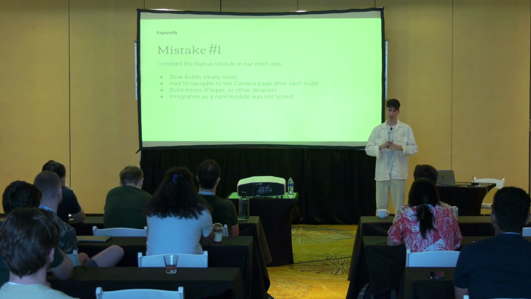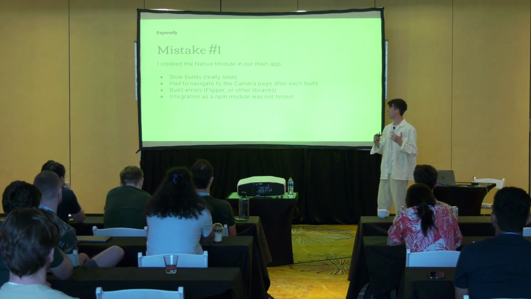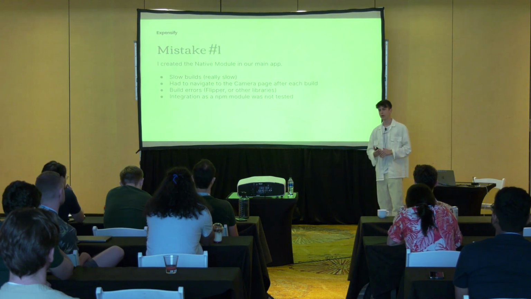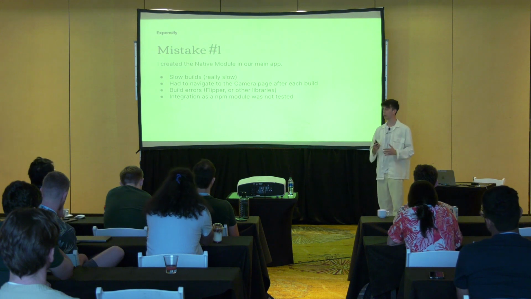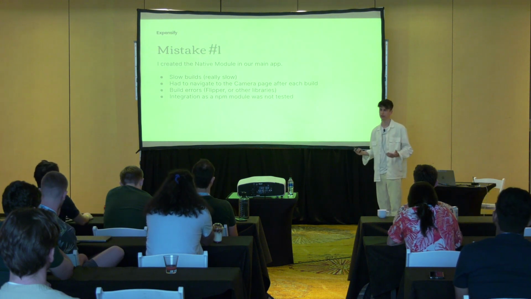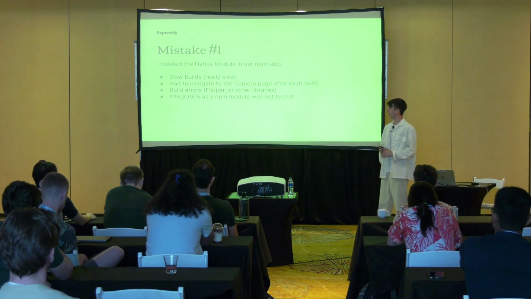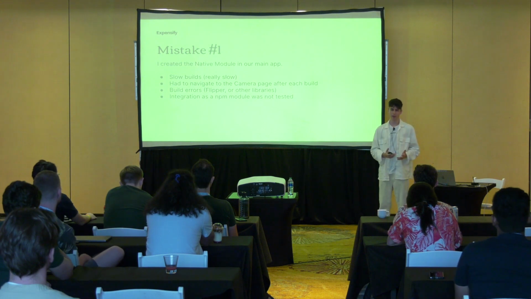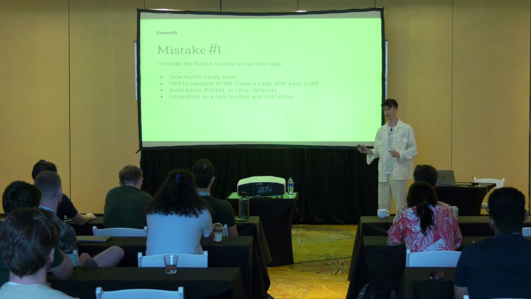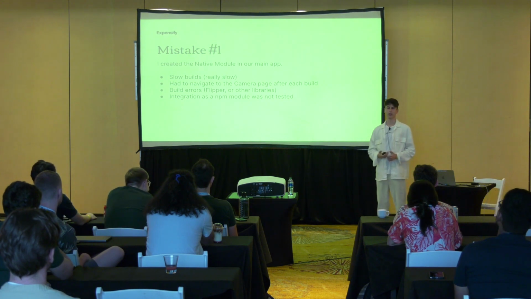There were a ton of third-party modules, a ton of build scripts and everything, and it was all really slow because I had to do lots of native changes. After all, I'm writing a native module. So if you do a native module, and it's a really big native module, you should probably start with an extra app from the beginning, at least if you plan to release it on NPM.